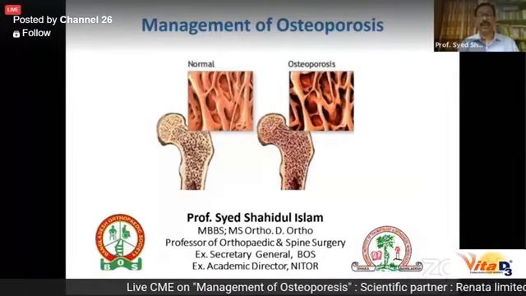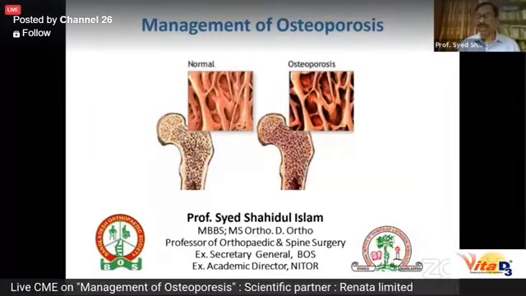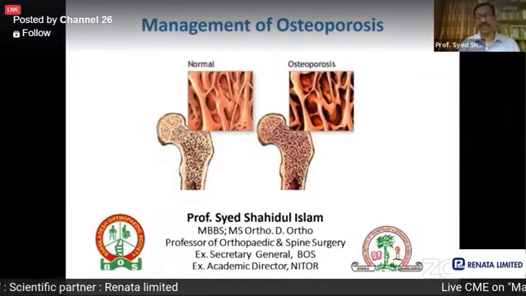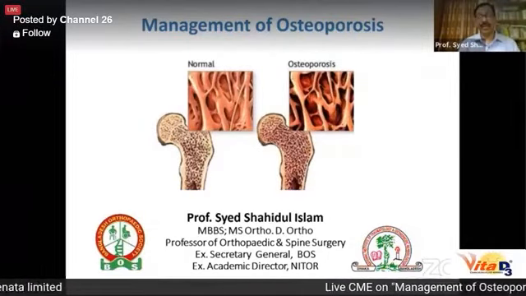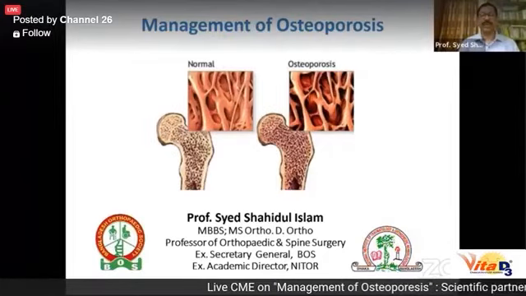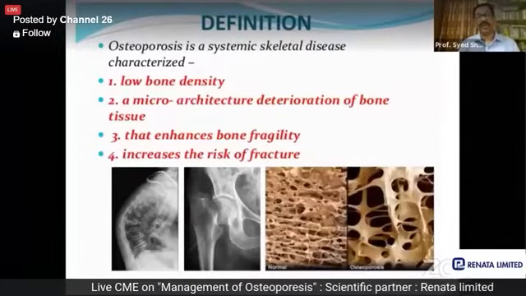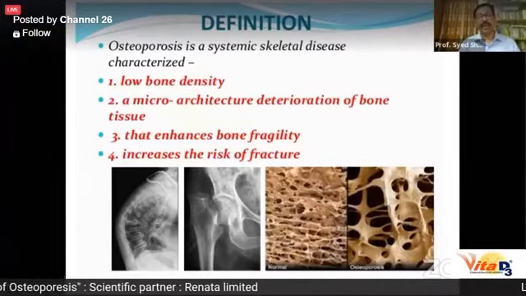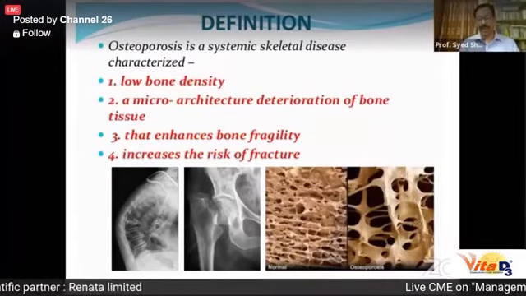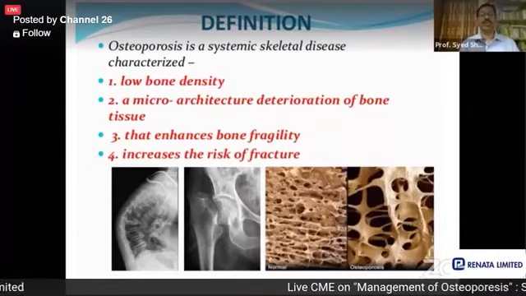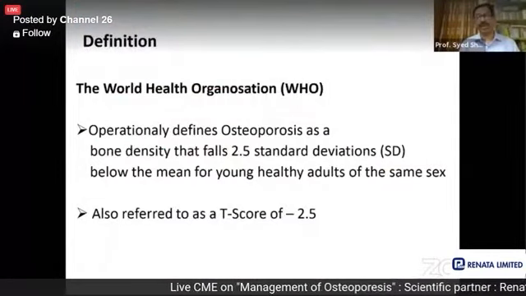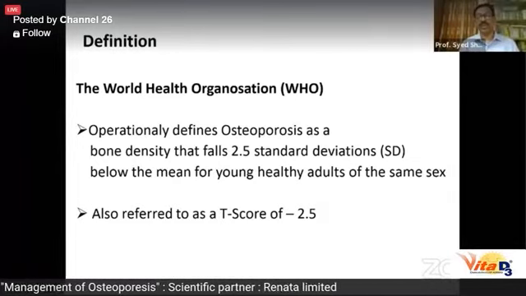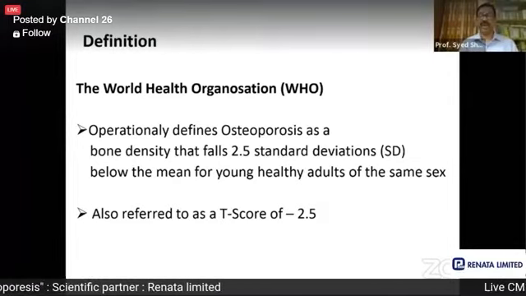My previous speaker nicely and elaborately described the pathophysiology, and he has given the definitions also. I will continue from him, and there may be some overlapping. He already defined what osteoporosis is, and according to the World Health Organization, a T-score of minus 2.5 is osteoporosis.